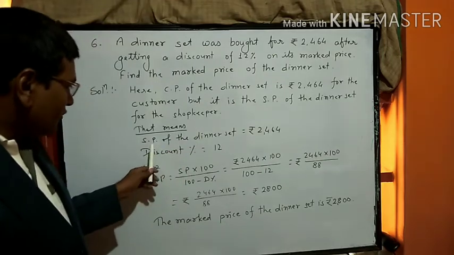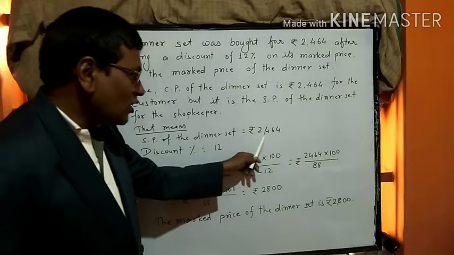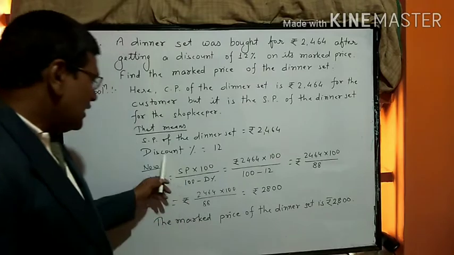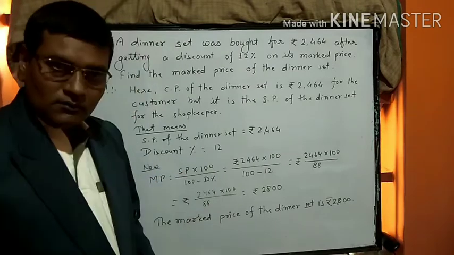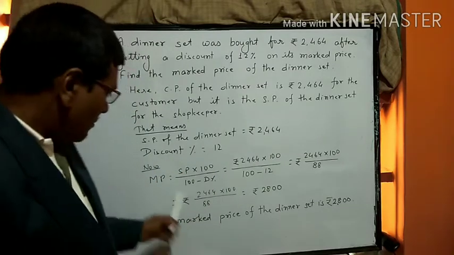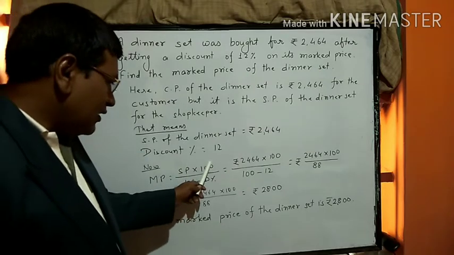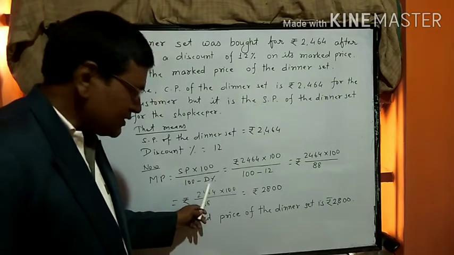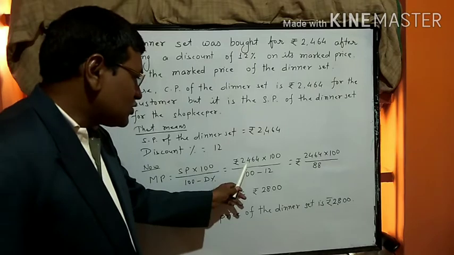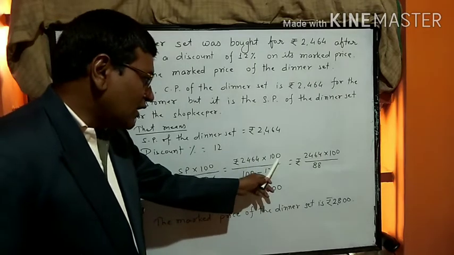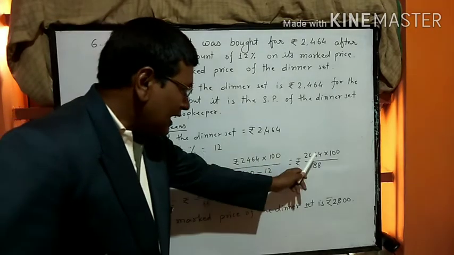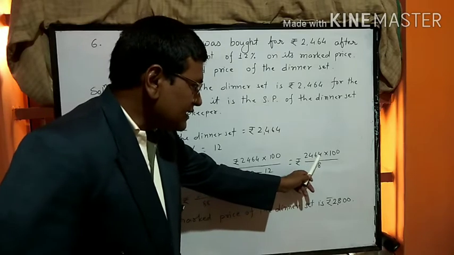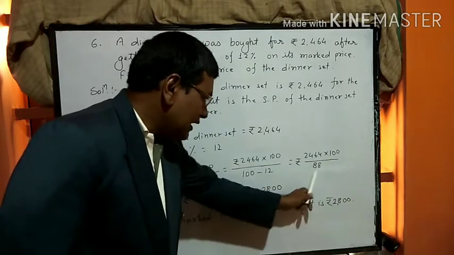So right here SP of the dinner set 2464, discount percent is 12. Now marked price equal SP into 100 by 100 minus discount percent. SP is 2464 into 100 by 100 minus 12, and it is 2464 into 100 by 88.